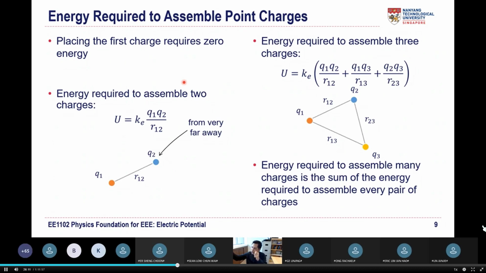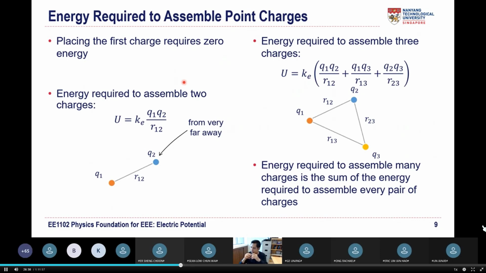Now you need to move another charge which will react to that electric field. You need to bring it from very far away to close to that already existing charge. You will have to apply some energy, or you gain some energy from it too, depending on what the sign is.